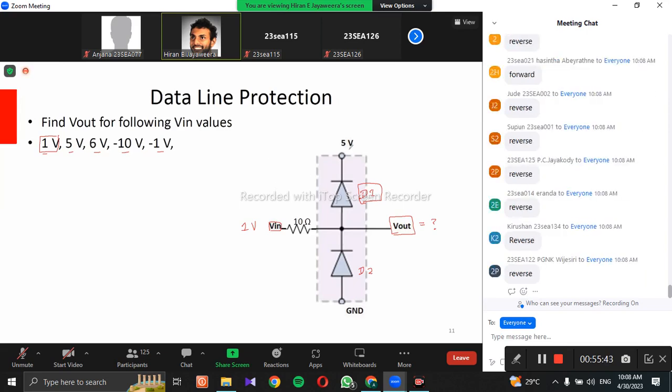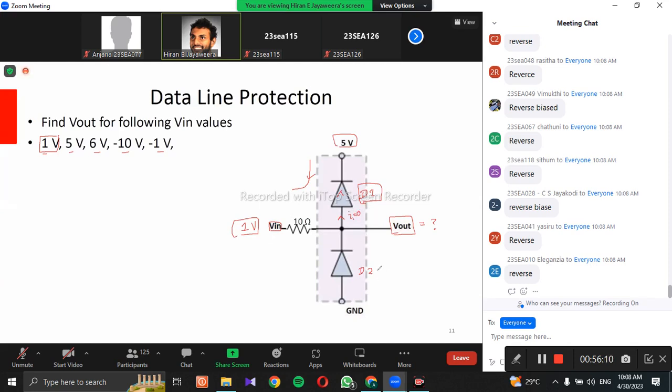Right. A few of you say it's forward bias. So you have 1 volt here and 5 volts here, right? If there is a current flow, that has to happen in this direction. The arrow is in the opposite direction. So this is reverse bias, so there's no current going in this direction. Is it clear?